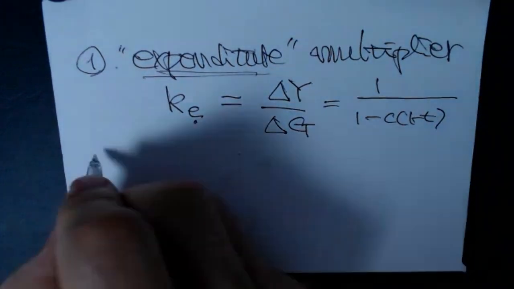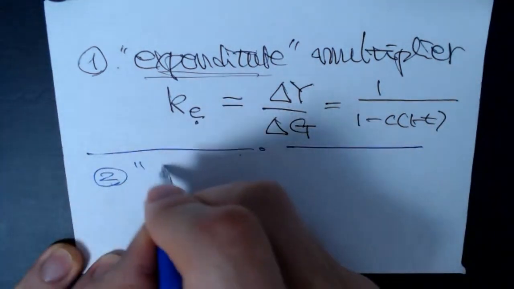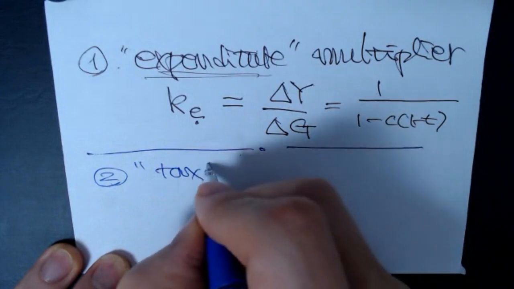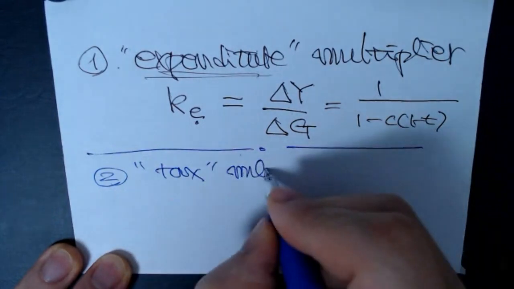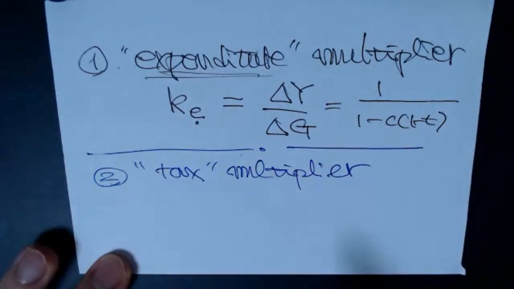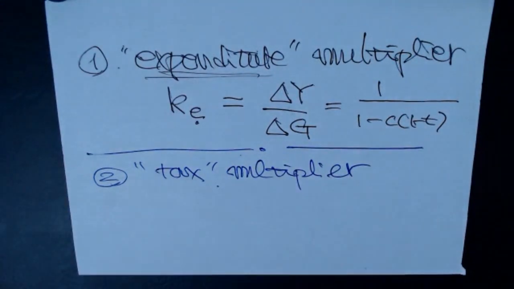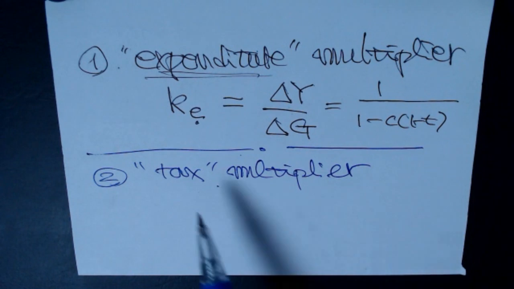The second one is called the tax multiplier. Because when the government cuts tax, households will spend more, or when they increase the tax, households will decrease spending. So tax also has the same function.